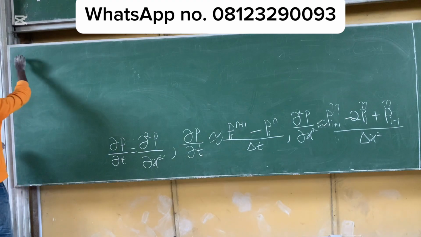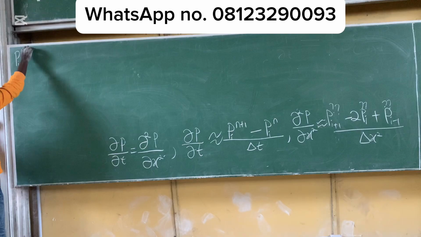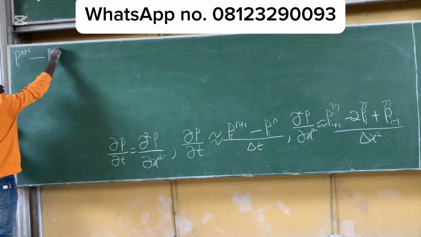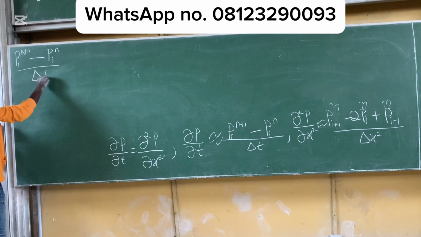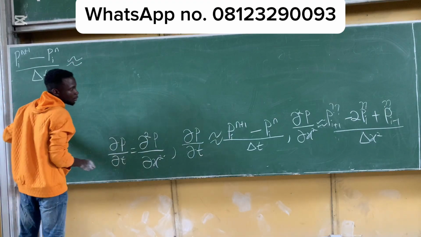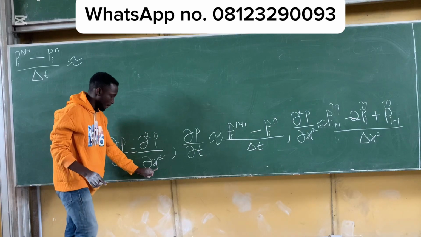So this will give us Pi n plus 1 minus Pi n divided by delta t will be approximately equal to d square p over d s square, right?